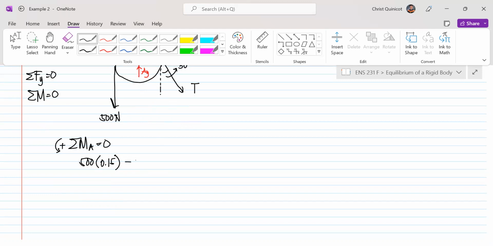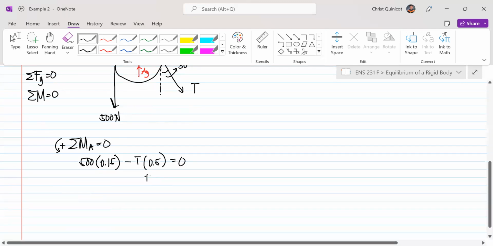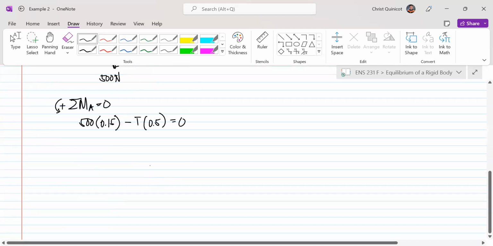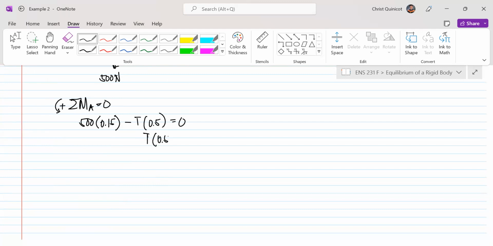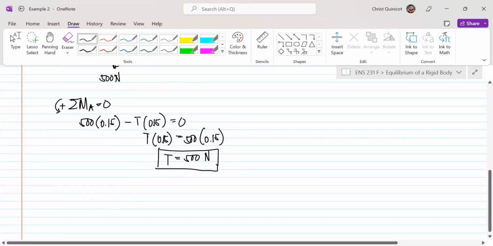So that is 500 times 0.15 minus T times 0.15 is equal to 0. So T times 0.15 is equal to 500 times 0.15. So our tension is equal to 500 Newton, which is indeed reasonable.